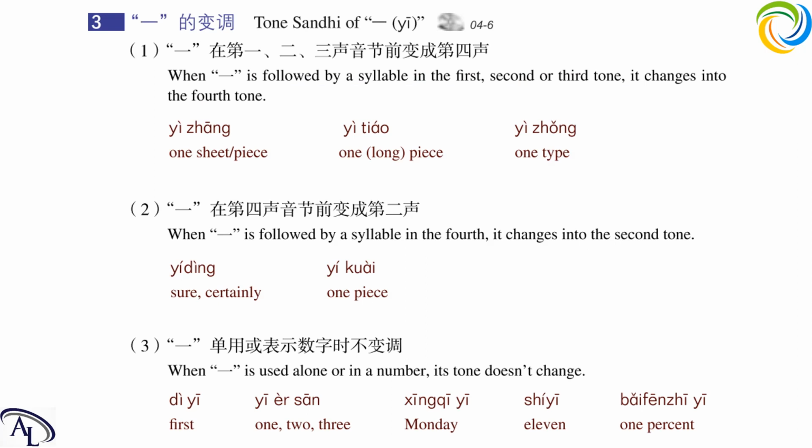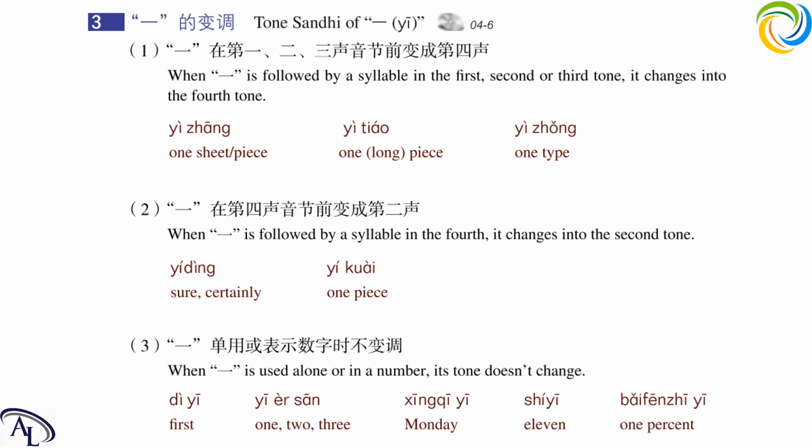There are three rules. First one, when 一 is before the first, the second, and the third tone, 一 will change to fourth tone. For example, 一张 means one piece, one sheet. It changed from first tone into fourth tone.